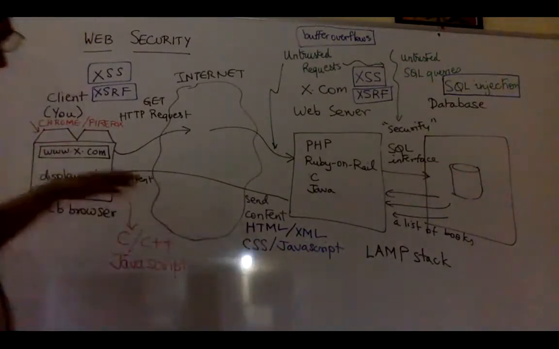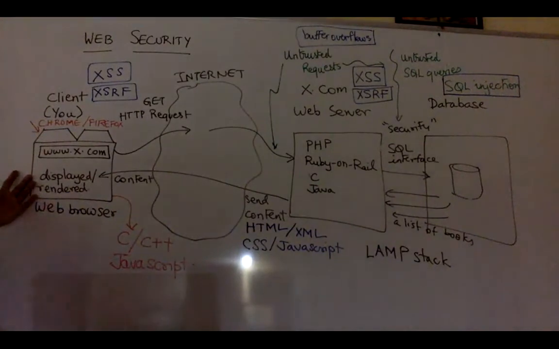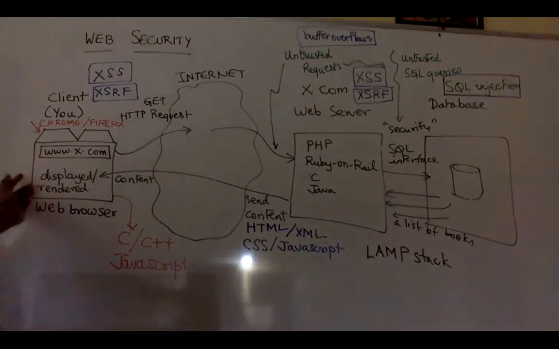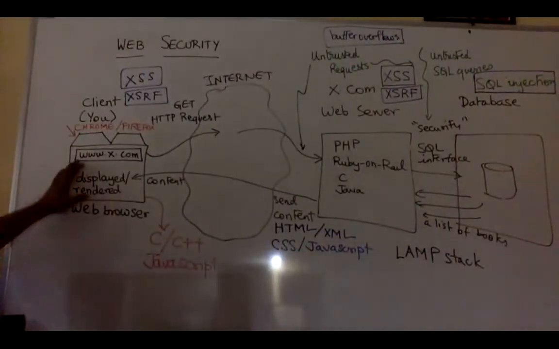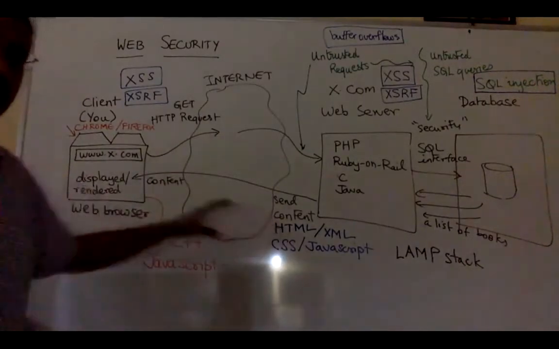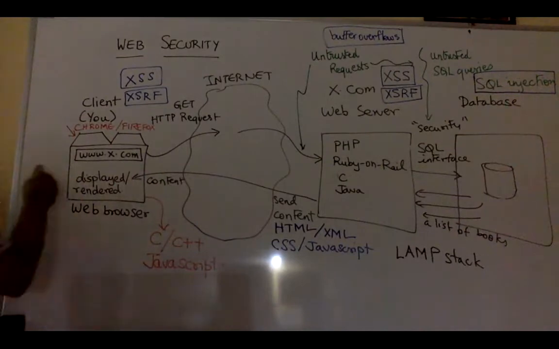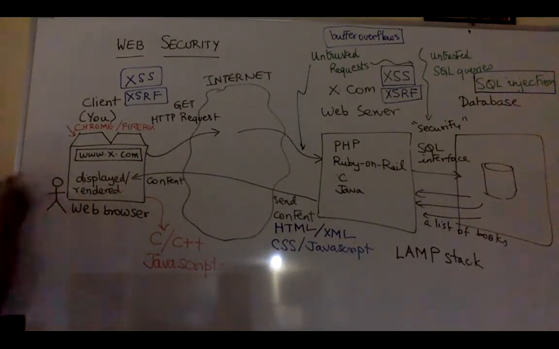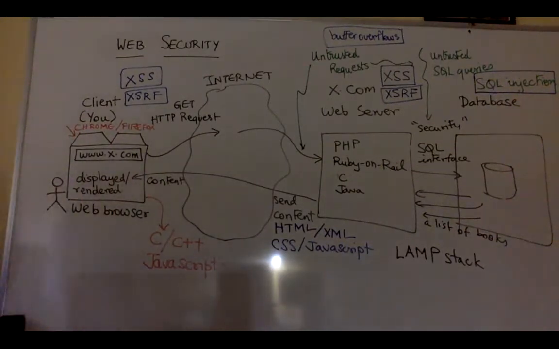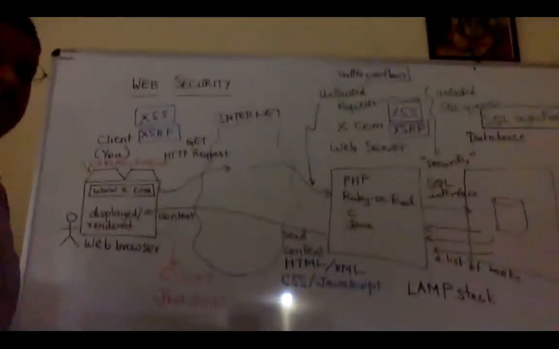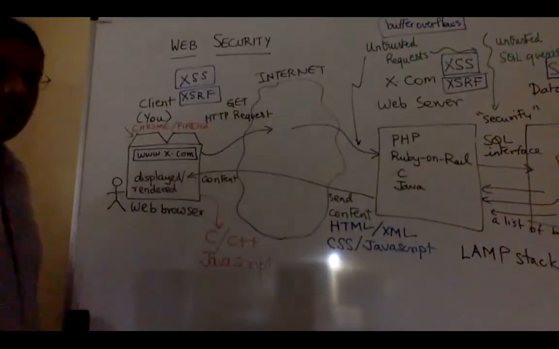And this code is being sent over to your browser where it's being displayed, rendered, and this code is actively interacting with the end user, who I will draw over here at the very corner, which is you. It could be you, or it could be a malicious entity who has decided to play havoc with that web server.